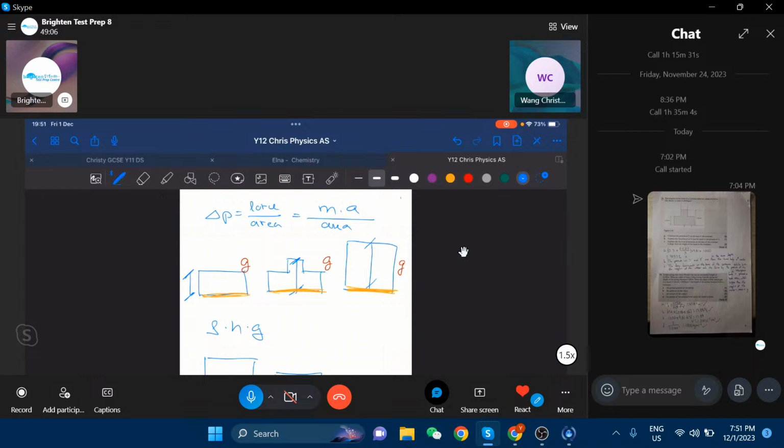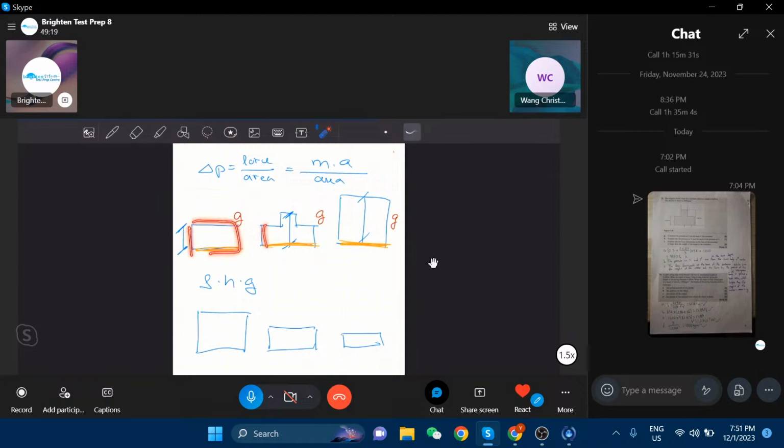So do they have the same area? No. You know what I mean, Chris? This is from the side, and then I look at it from the top. So this one is very large in area, this is comparatively small, and this is even smaller.